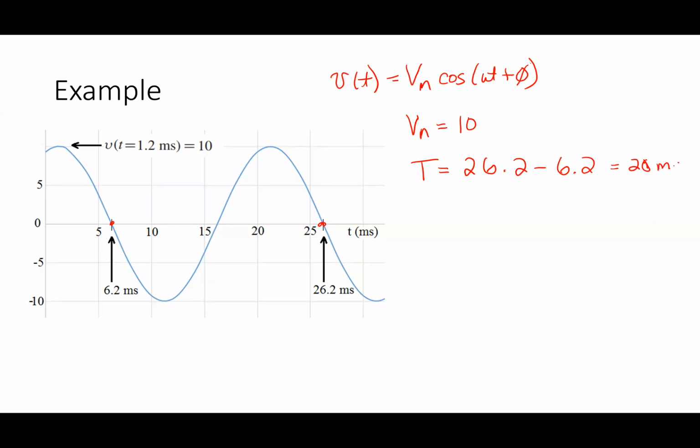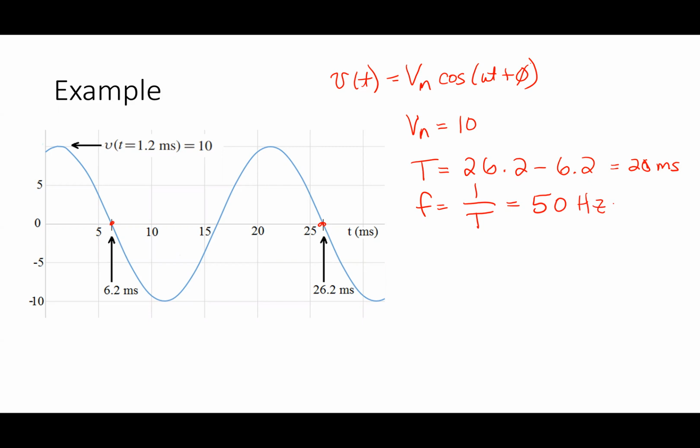And you want to convert that to frequency, and then to omega, so let's do it in a couple of steps, right? How do I relate that to f? F is 1 over T. So 1 over 20 milliseconds works out to be 50 hertz.